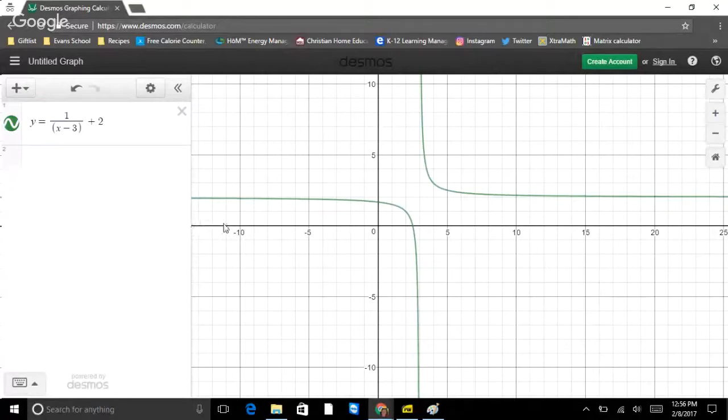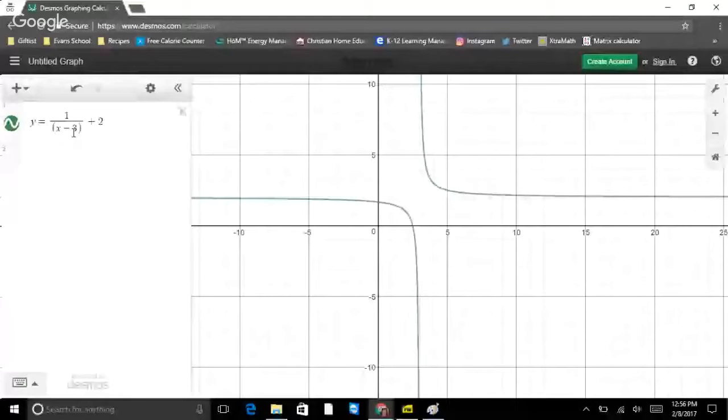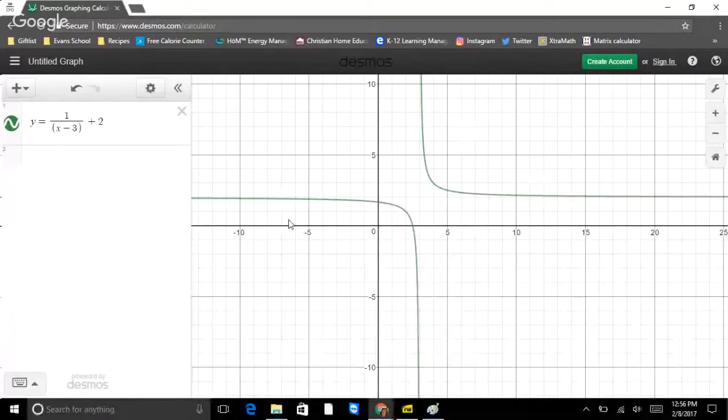So x is good, and then I get to x equals 3, and I have an asymptote here at x equals 3. The value of my function when x equals 3: 3 minus 3 is 0, and we know that's bad. My domain is going to be all x's except for x equals 3.